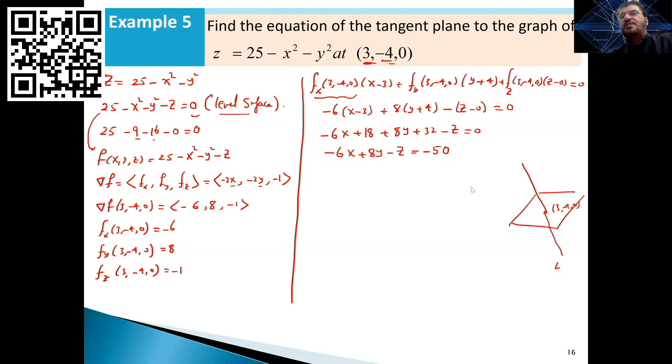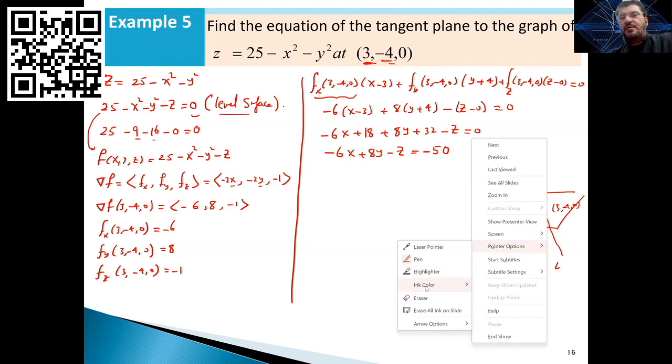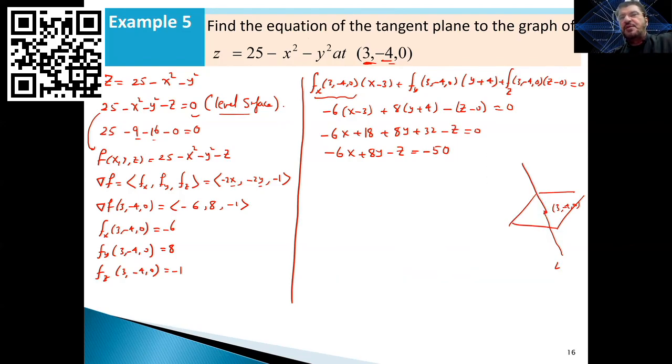But we know that the gradient is perpendicular to the plane, so it is parallel to the line. Here is the gradient of f, which was what, by the way? It was -6, 8, and -1, right? This is the gradient. So what's the equation of the line?